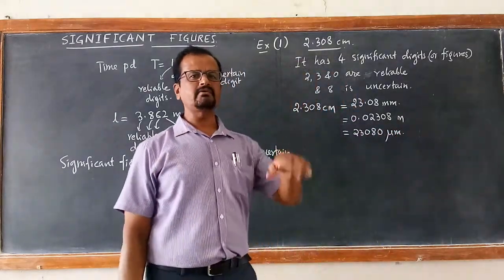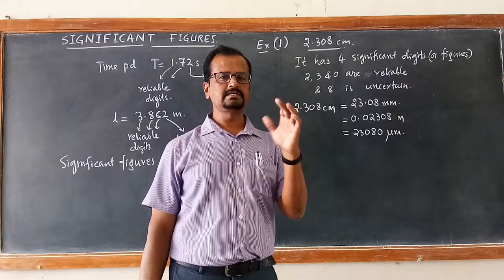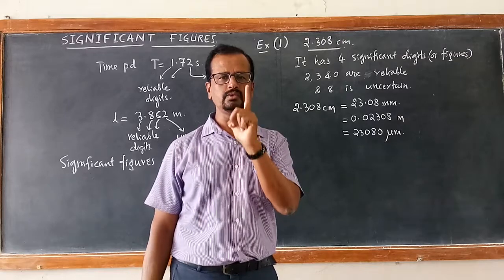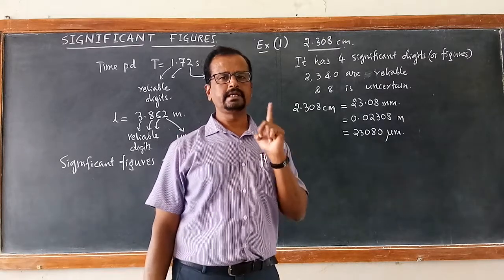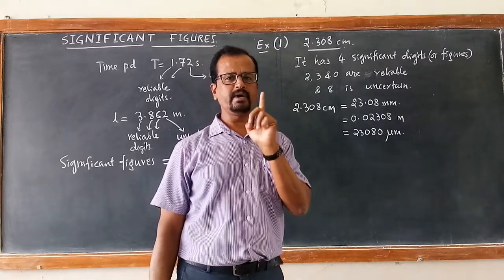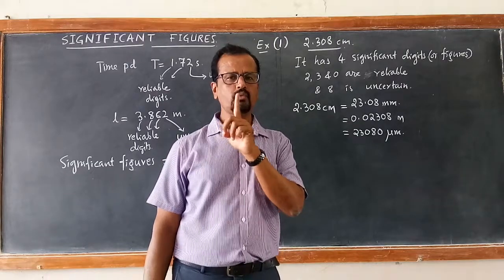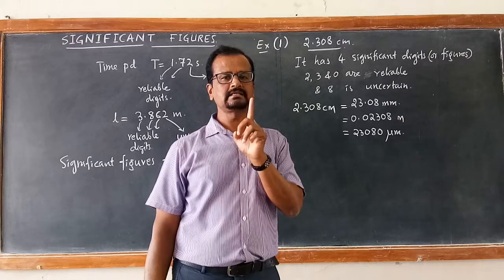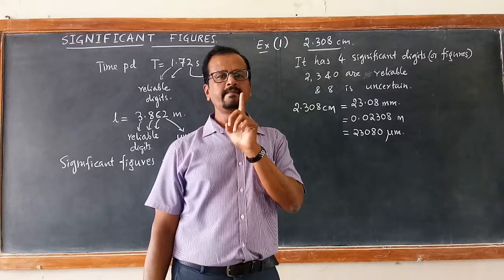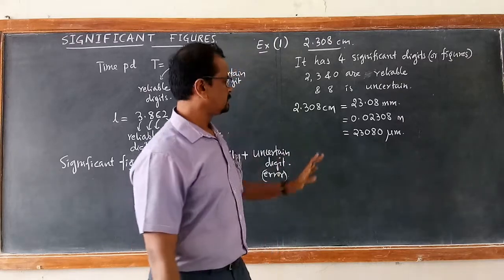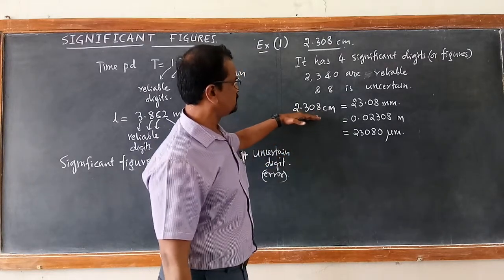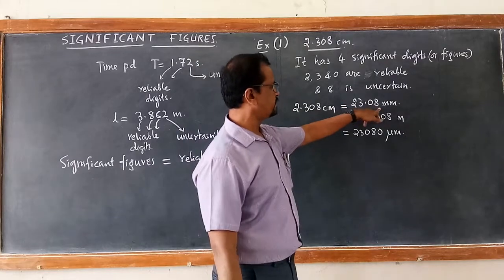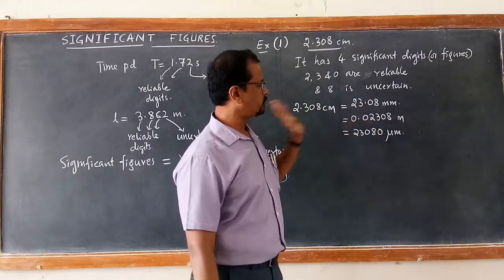Micrometer means 10 to the power of minus 6, so 10 raised to 6 micrometer is equal to 1 meter. 10 raised to 6 means 1 million, and 1 million means 10 lakhs. So this result is expressed in different units.